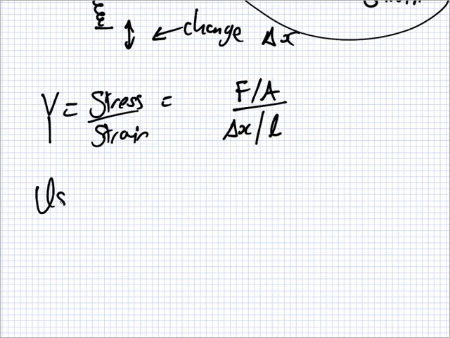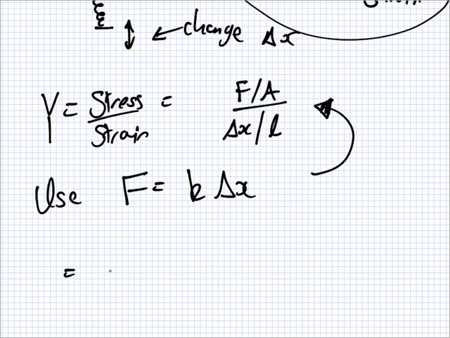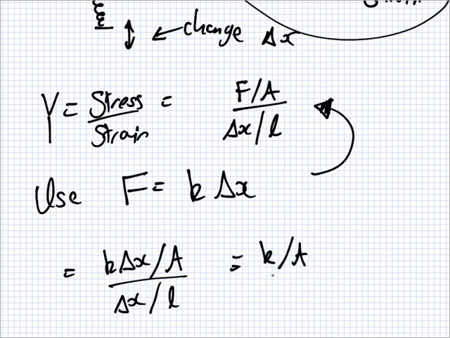But you could use Hooke's law, F equals K delta X. So you could simplify this to K delta X over A over delta X over L, which would be K over A over 1 over L, which would be K times L over A.